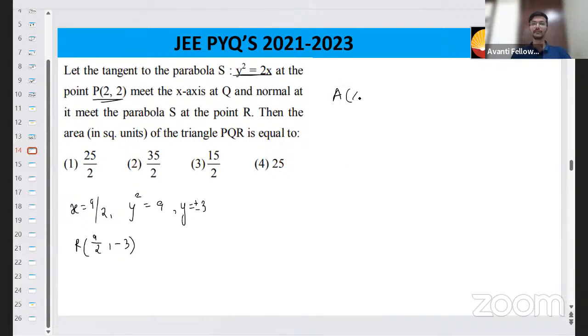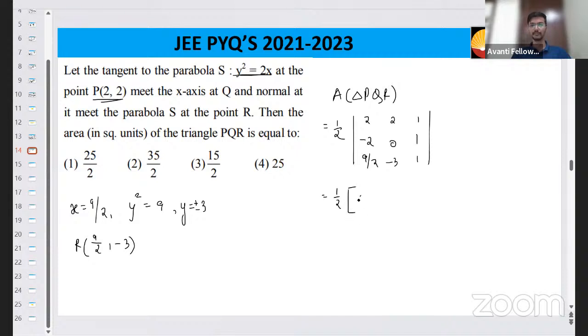So the area of triangle PQR. If you know the determinant formula, it is half into the determinant of what? Point P, then point Q: minus 2, 0, 1. And what is point R? 9 by 2, minus 3 and 1. So obviously this will be half.